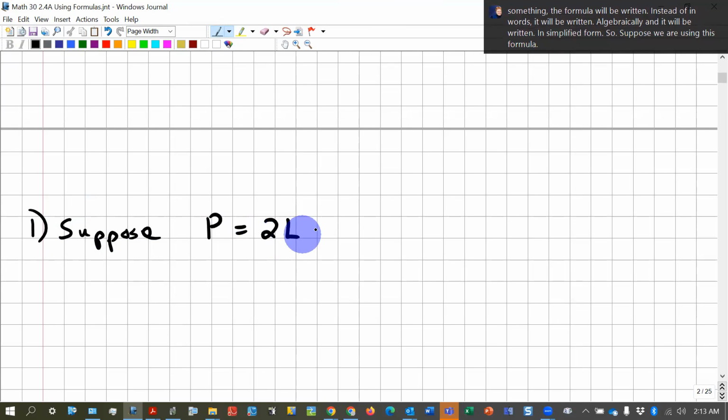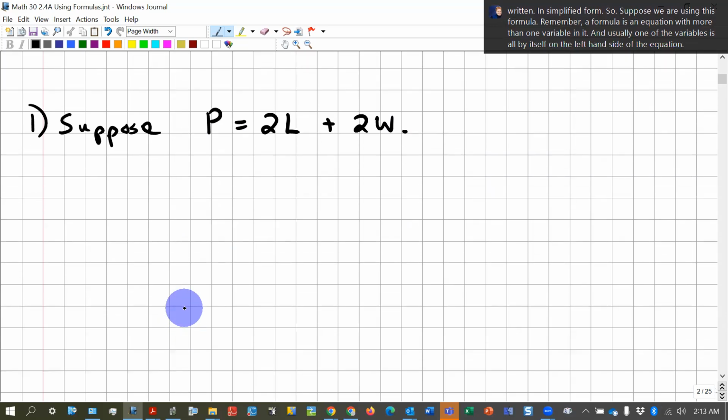Remember, a formula is an equation with more than one variable in it. And usually one of the variables is all by itself on the left-hand side of the equation. Oftentimes, we see problems like this.